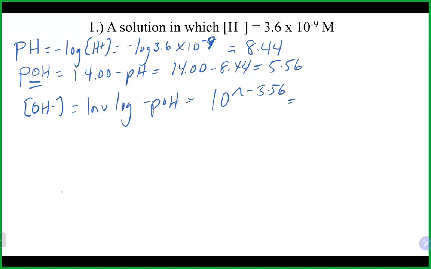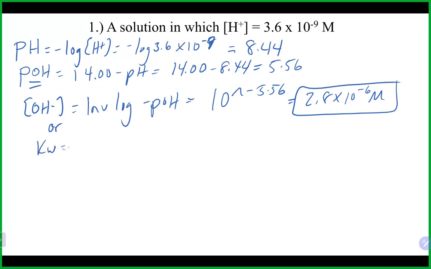It looks like we will end up with about 2.8 times 10 to the minus 6 molar. Once again, we do need a concentration unit on it as it is a concentration.